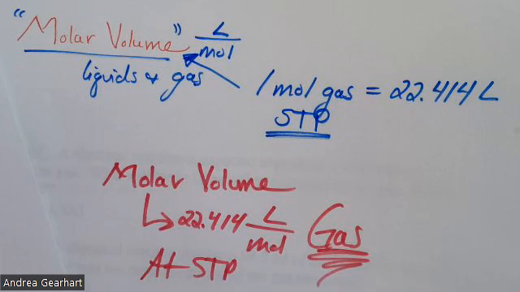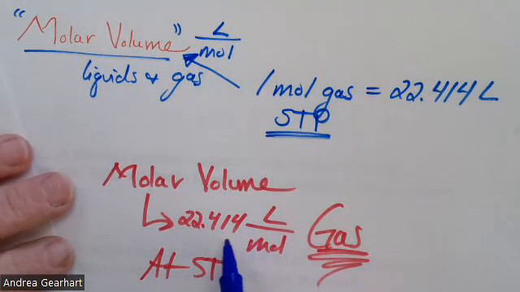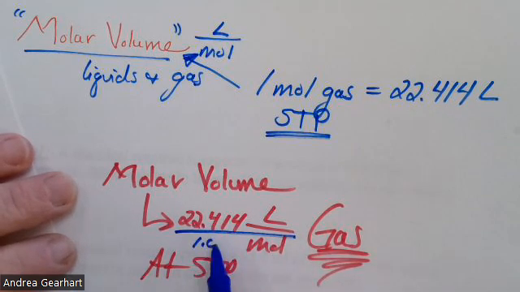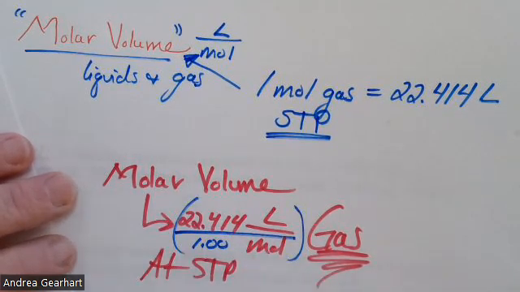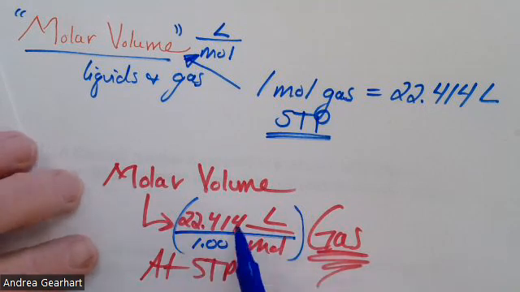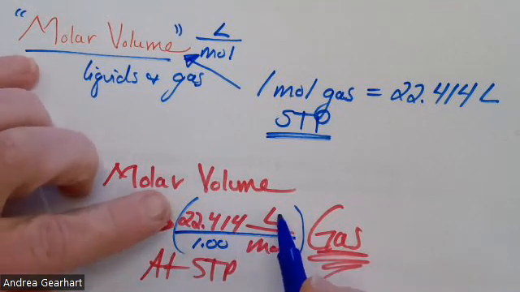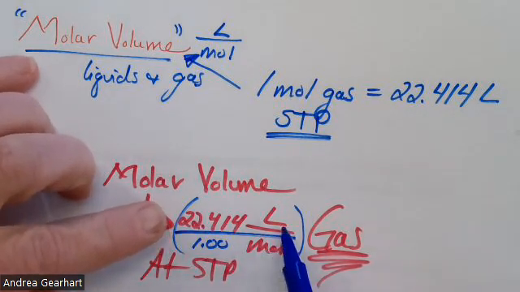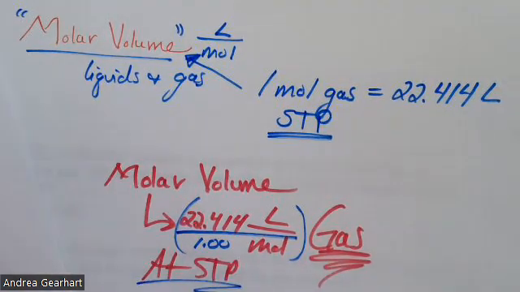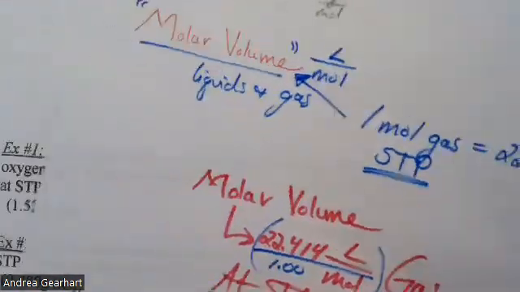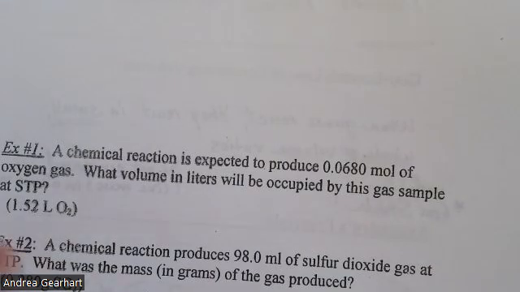All right. So I don't know about you, but I sure see that that's a conversion factor. So we can utilize this relationship to get us from liters to moles or moles to liters, as long as we're at STP conditions. So let's dig in to some sample problems.